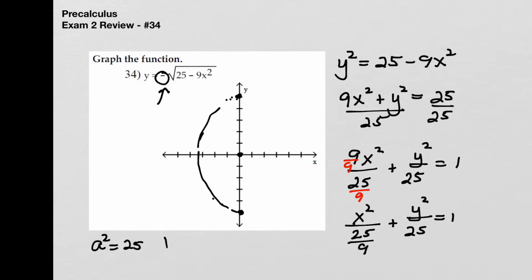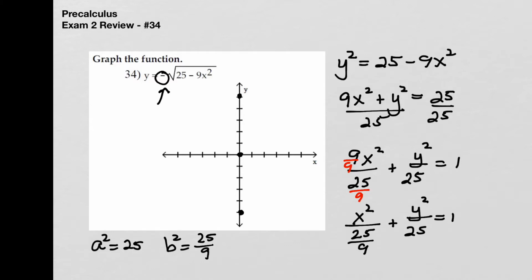Now I look at b squared, and that's 25 over 9. If I take the square root of both sides, then I get b is 5 over 3. And so the reason why I want to know what b is is because that tells me how wide the ellipse is. So we want to go 5/3 in the plus or minus direction on the x-axis.